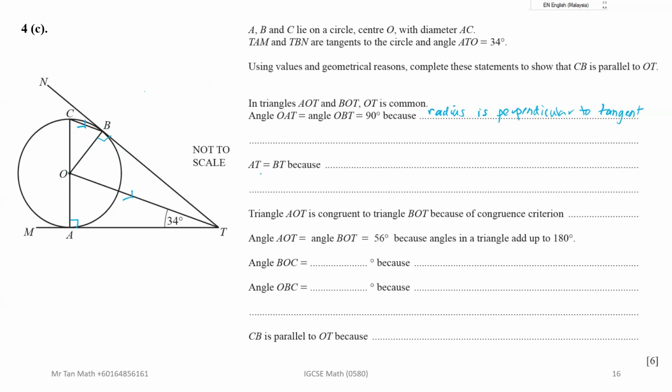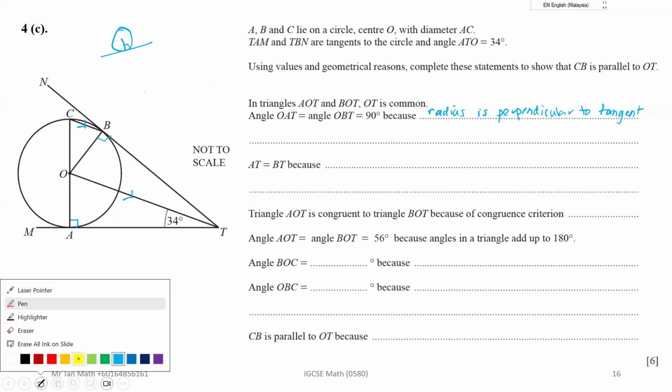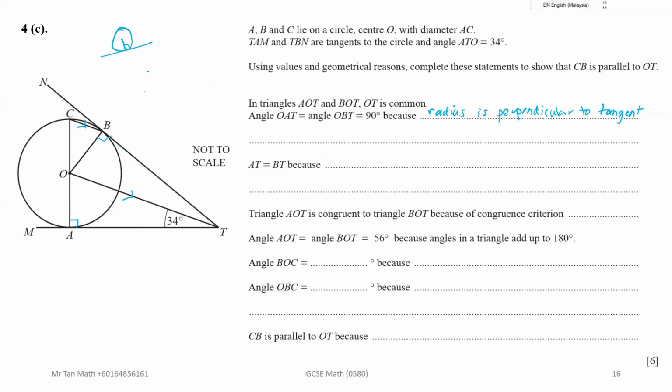And then next, AT equals BT because, if we have a tangent, the center angle is 90 degrees. Then there's another property: if you have tangents from a common point, say A, B, C, we can say that AB is equal to CB.